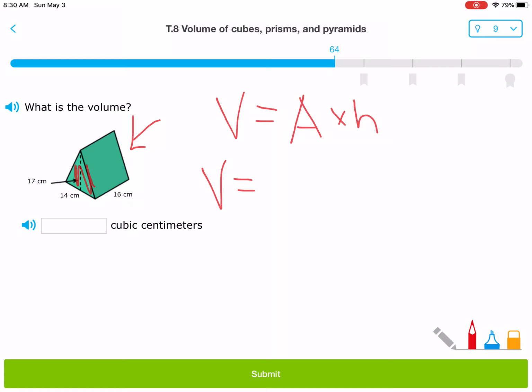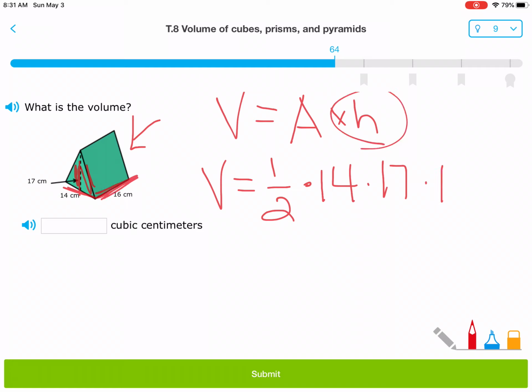Okay, the base of this prism is 14 and the height is 17. So the area of a triangle is 1/2 times 14 times 17. And then the height of the shape would be the distance between the bases times 16. So I could do 14 times 17 times 16, and then I can divide it by 2.